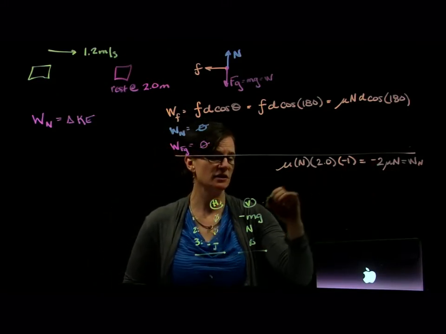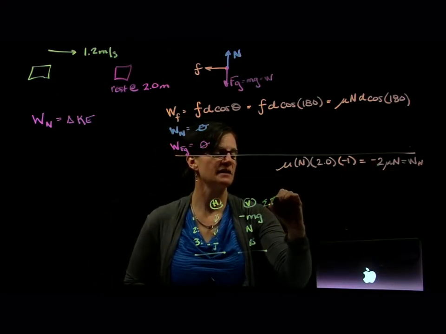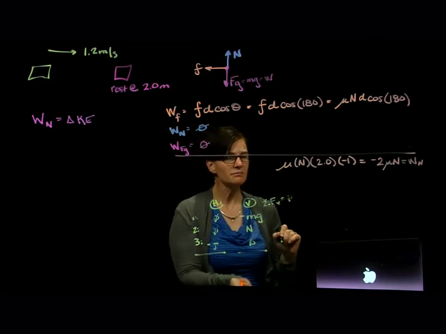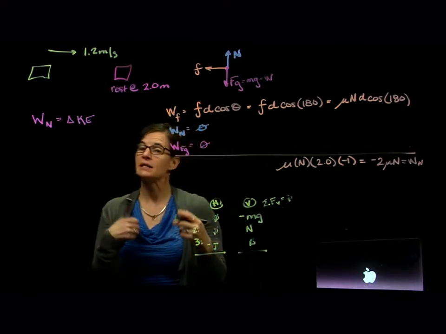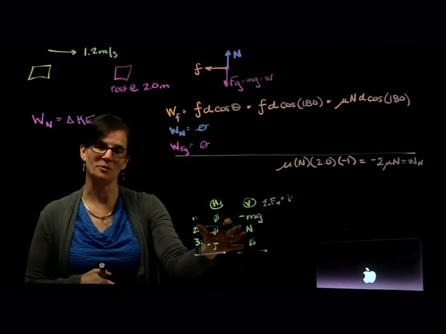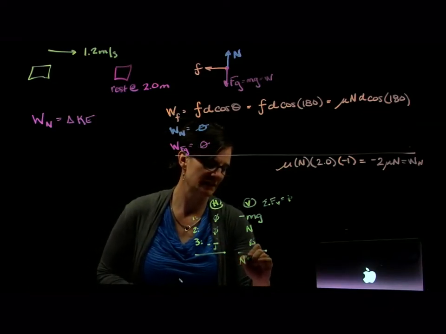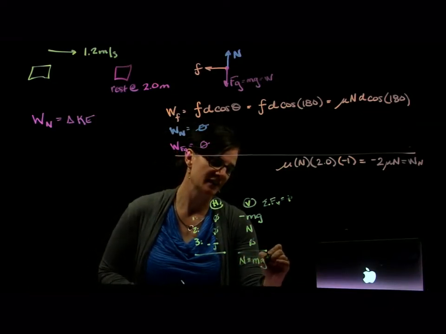I went after this force analysis because I was interested in determining the normal force. In the vertical dimension there is no net force, so the normal force is equal to the force of gravity in this case.